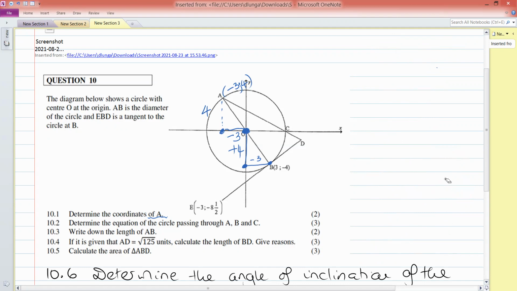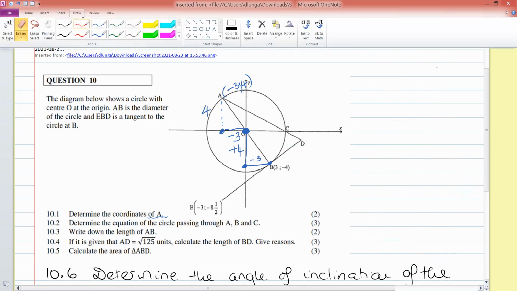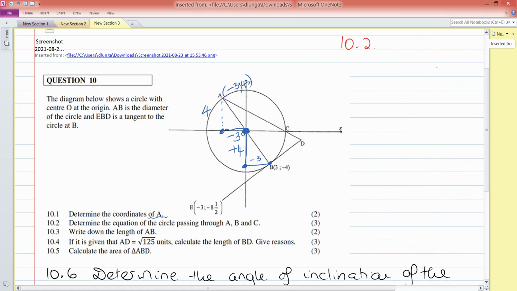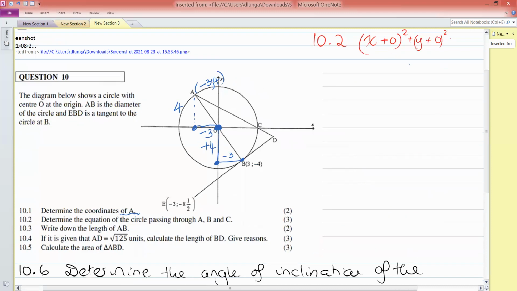So if it's at the origin, straight away we know that, for 10.2, it's going to be x plus 0 squared plus y plus 0 squared, or minus, it's the same, which is equal to your r squared. You could write it like that, or x minus, because it's the origin, it doesn't matter. So this simplifies to x squared plus y squared is equal to r squared.